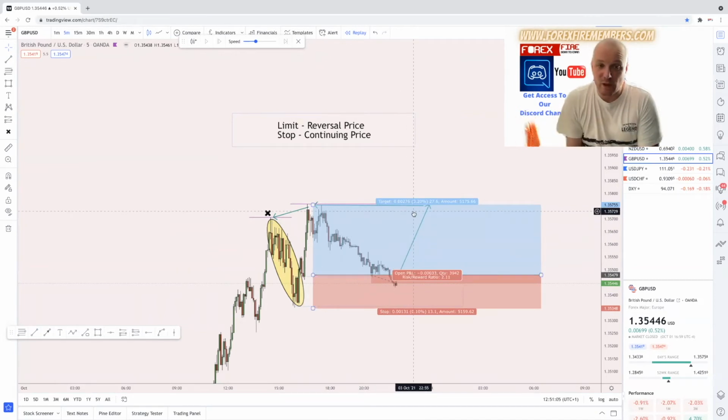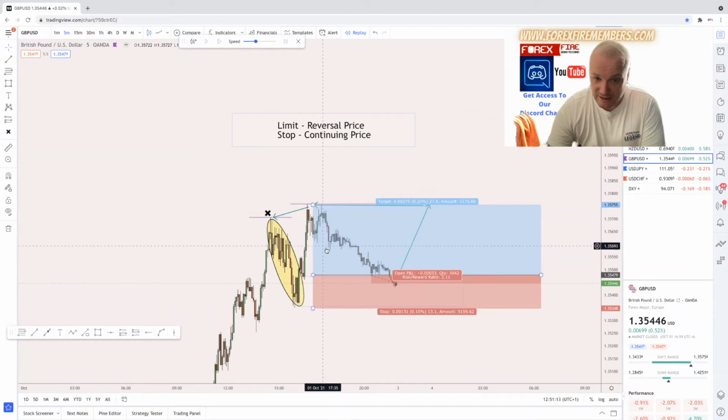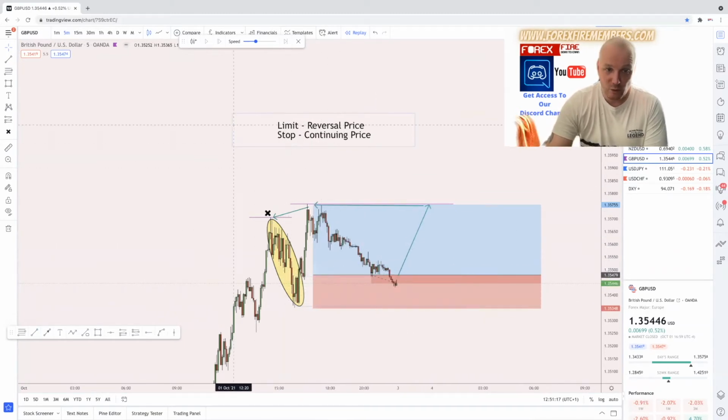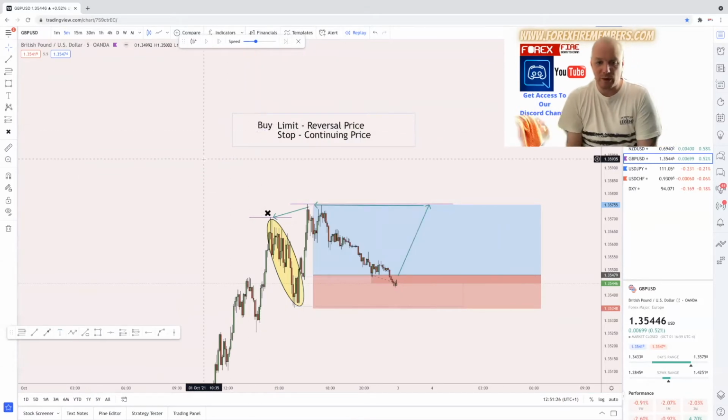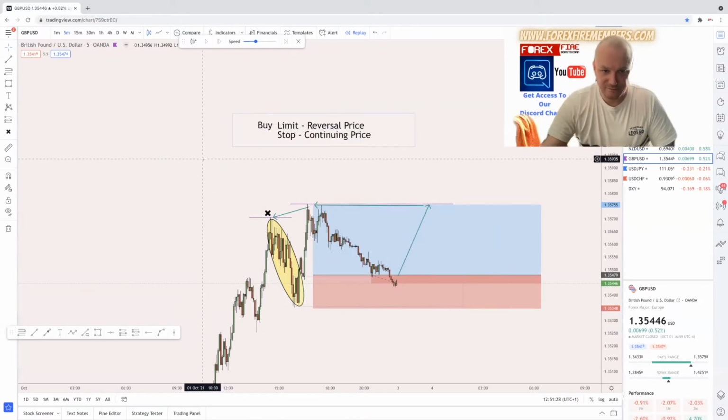That is what we call a limit order. It's where we are expecting a reversal in price. As the price comes back down, it's respected this order block, so this would be what we call a buy limit.